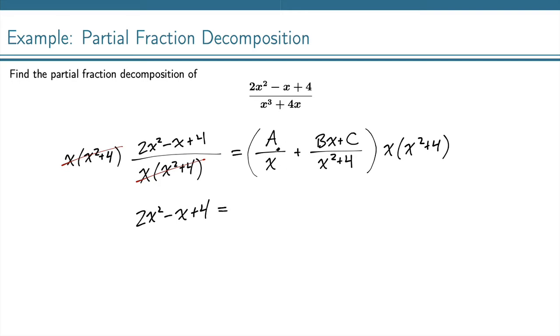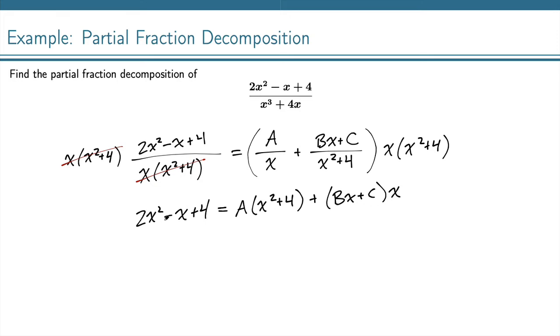And on the right side, we take each of these terms and multiply by that. So a over x times this, the x is going to cancel, and we're left with a times x squared plus 4. With this second term multiplied by that, we will cancel the x squared plus 4 out. So we're left with bx plus c, and then that times x.